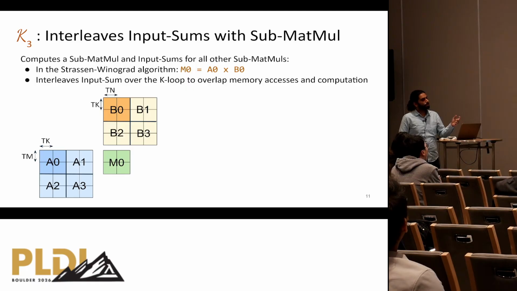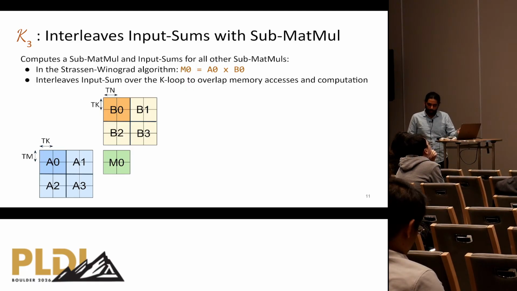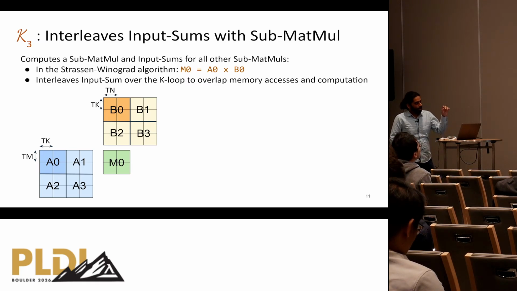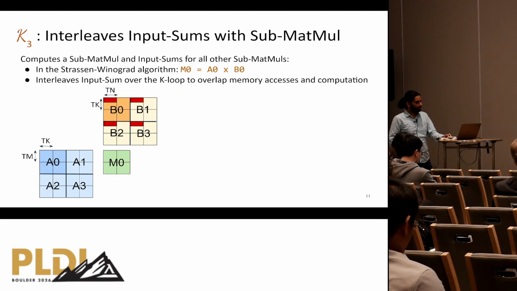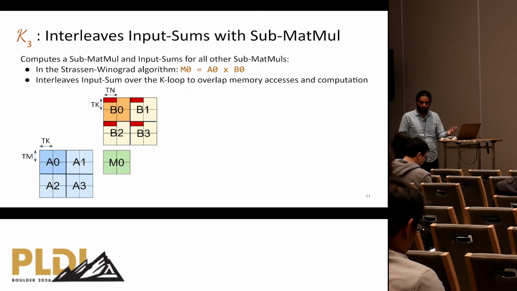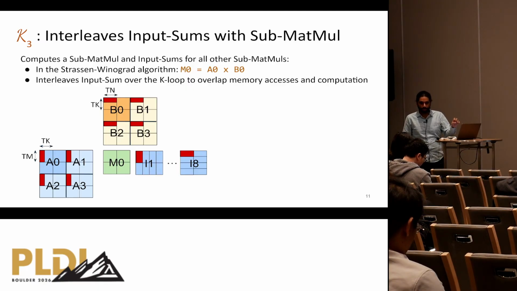So the K3 kernel is not only going to compute a submatmul, but it is also going to compute the input sums for all other submatmuls so that the other submatmuls don't have to do anything. And if you look at the Strassen-Winograd algorithm, we see this particular M0. M0 is just A0 multiplied by B0. It doesn't require any input sum. So in the figure that you see down here, M0 is being computed with A0 and B0, and in each iteration of the K loop, the kernel is going to load a tile of B0 to B3, a tile of A0 to A3, and then also write a tile of I1 input sums.